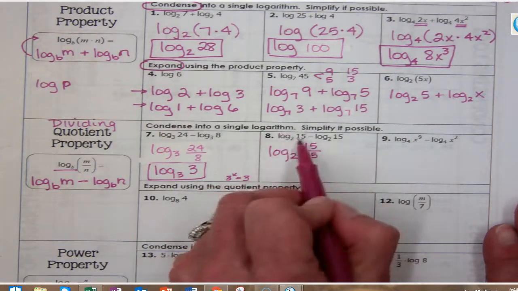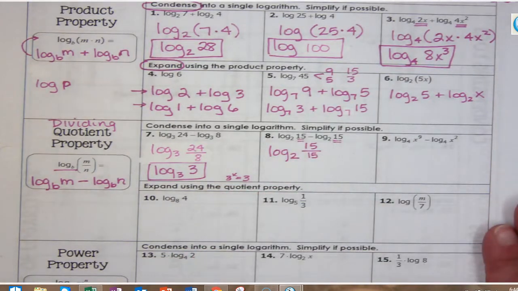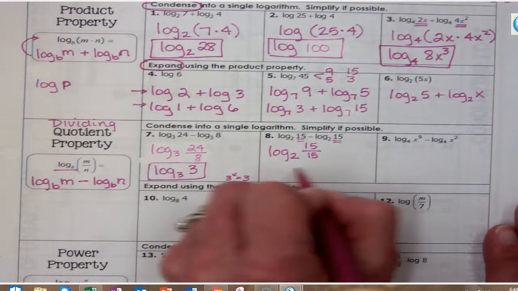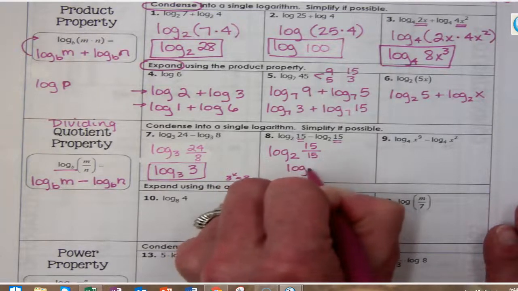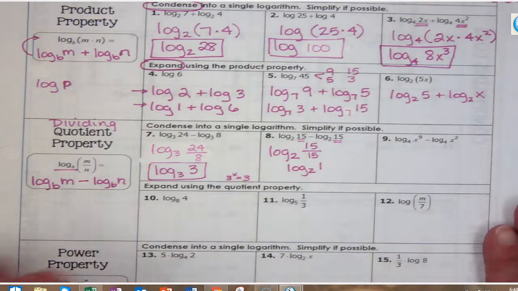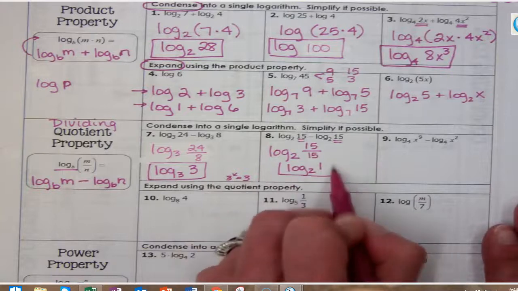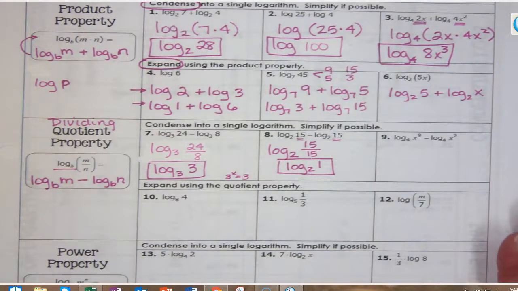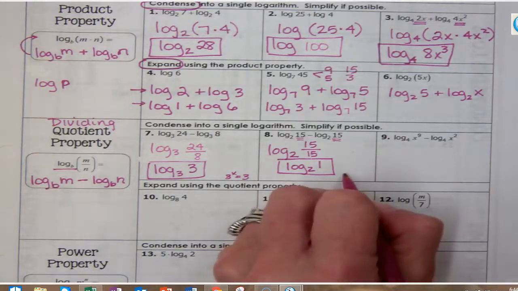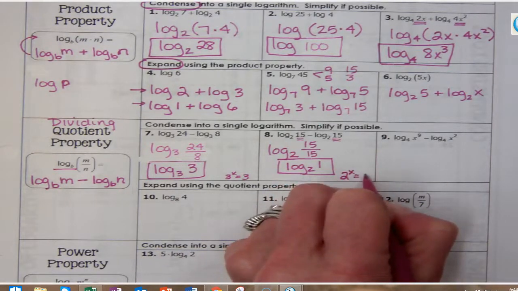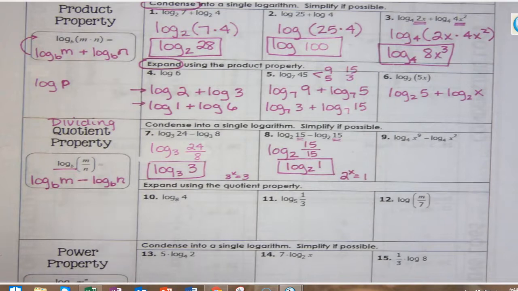I'm left with 15 divided by 15 is, of course, 1. And I'm not asking you to solve that, but hopefully in your brain you're curious to know what's 2 raised to the x power equals 1, right? Hopefully you know the answer to that.